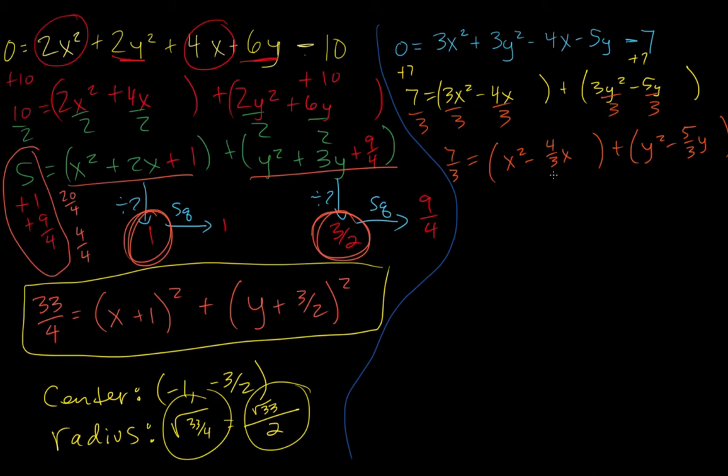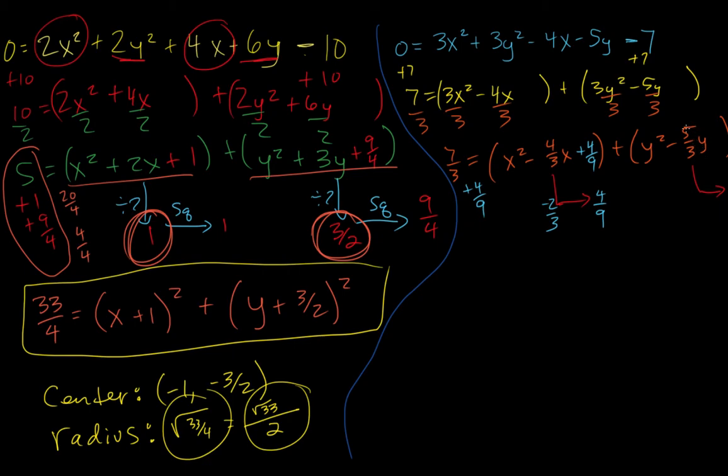Okay, now we need to do the L step for both of these. And we divide by 2, so we can divide the top by 2. So that's -2 thirds. We square that, we get 4/9. We add that to both sides.